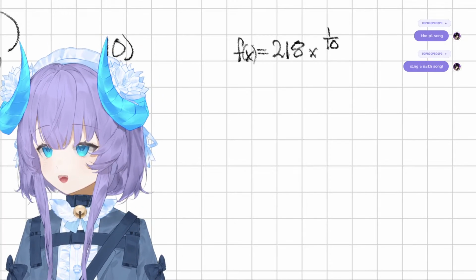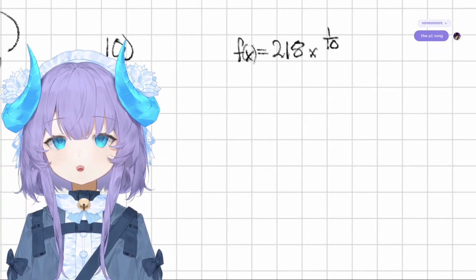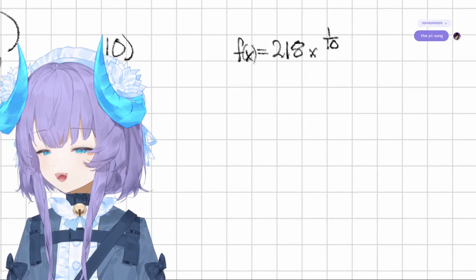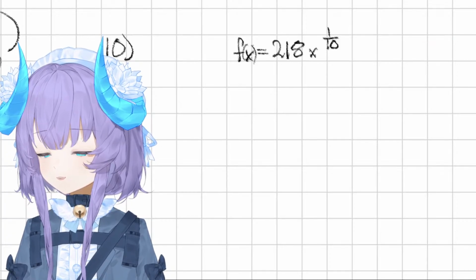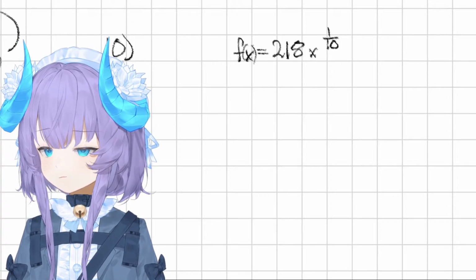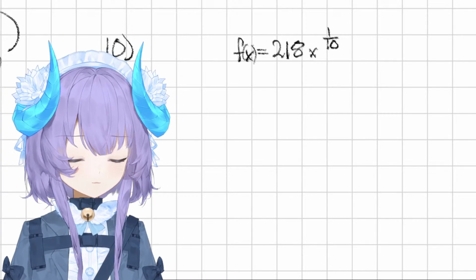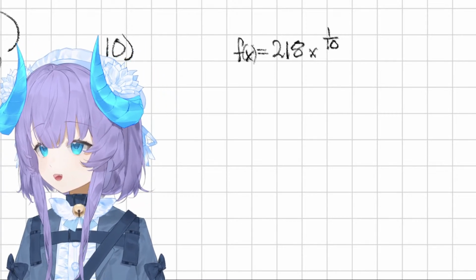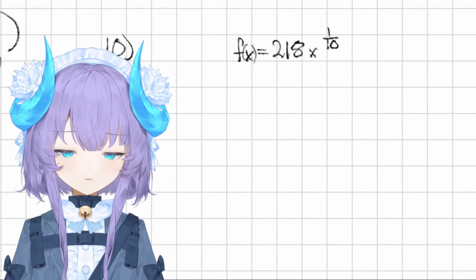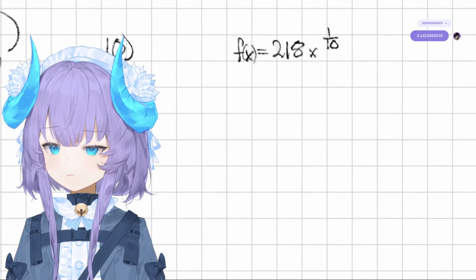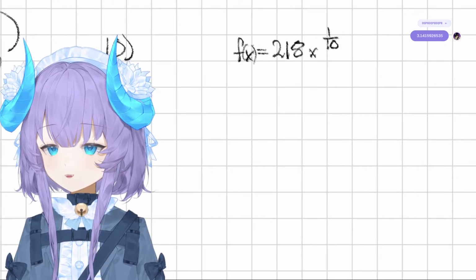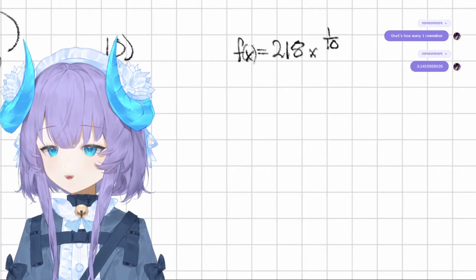Pi song? 3.14156... 3? I don't remember pi. 5, 1, 6, 9. Three point one four one five nine two six five three five.